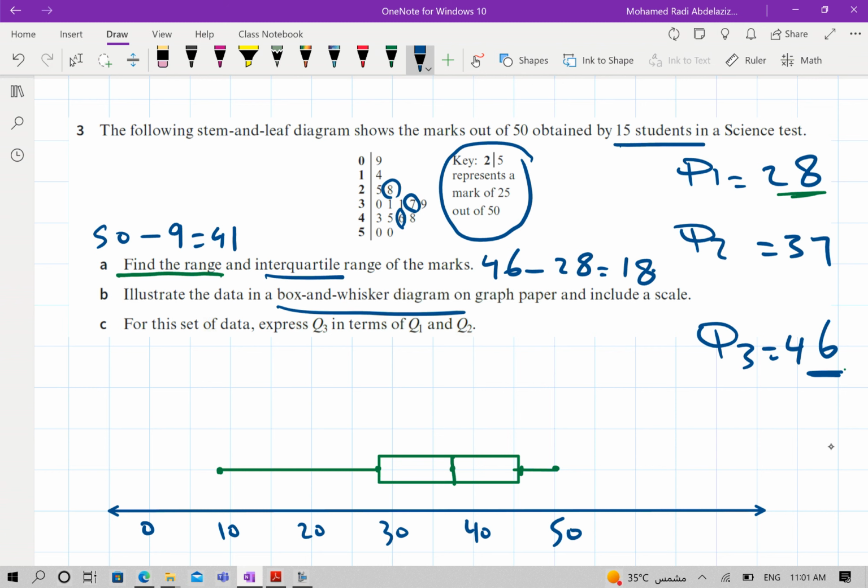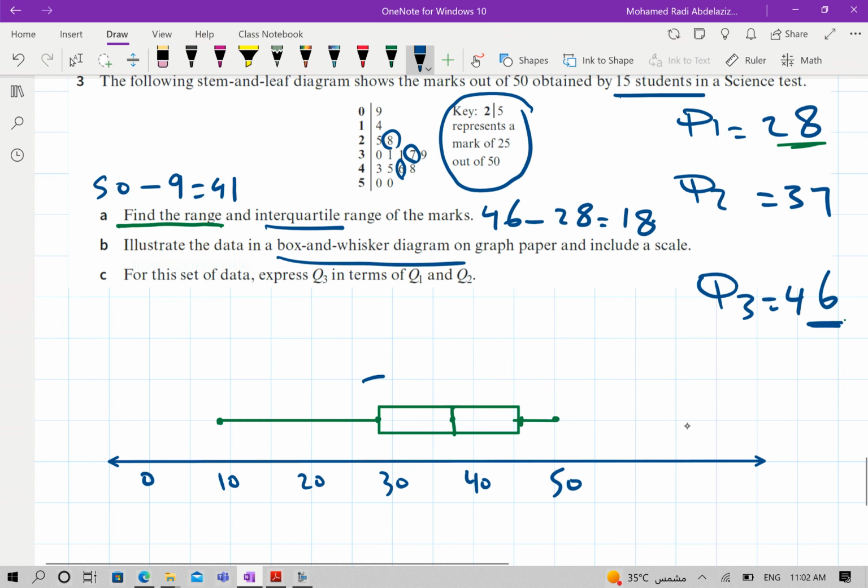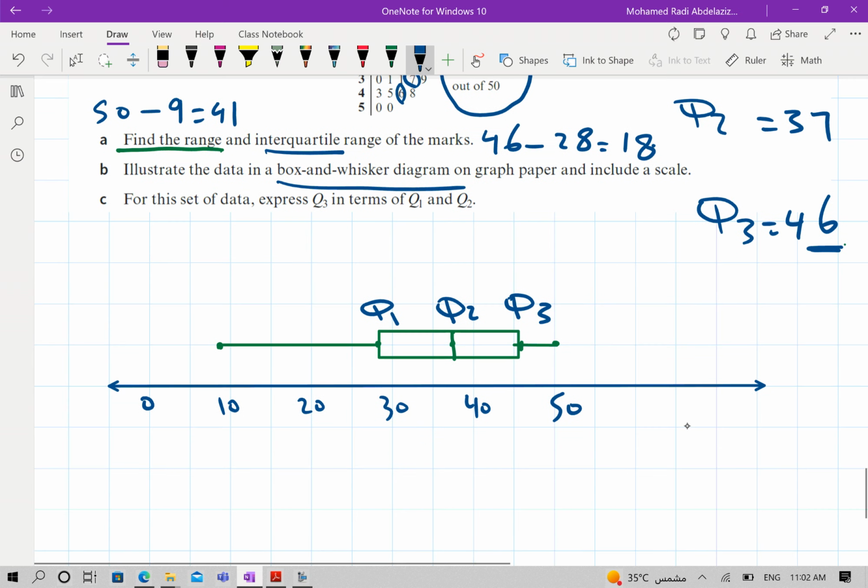For this set of data, express Q3 in terms of Q1 and Q2. This is Q1, Q2, and Q3. Inshallah, we'll study this point in detail when we explain the normal distribution.